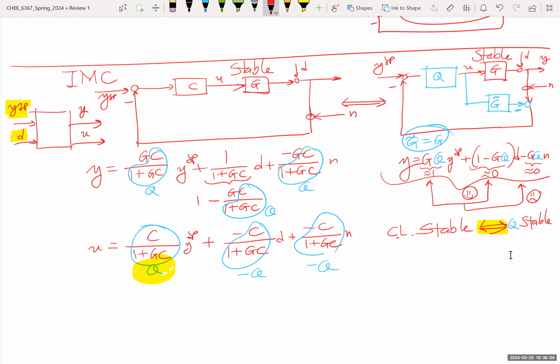You can choose GQ to be almost 1 for low frequencies, almost 0 for high frequencies, where noise has most of its power, or a lot of power, let's say.